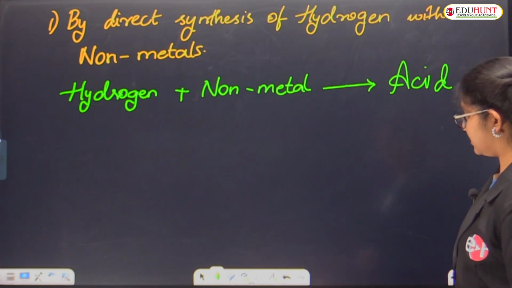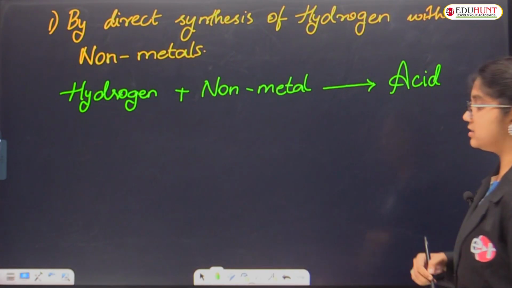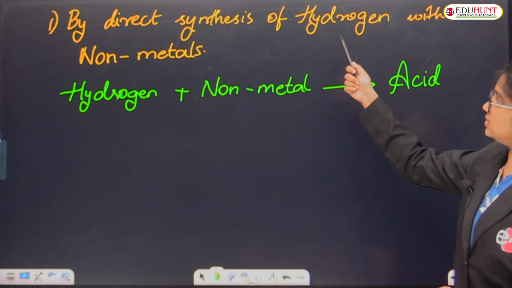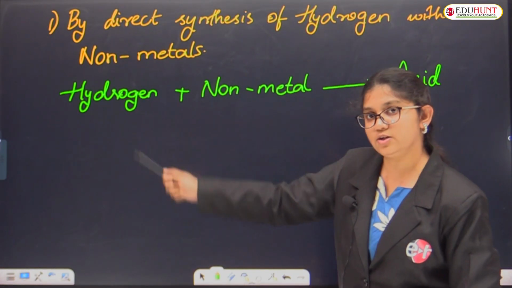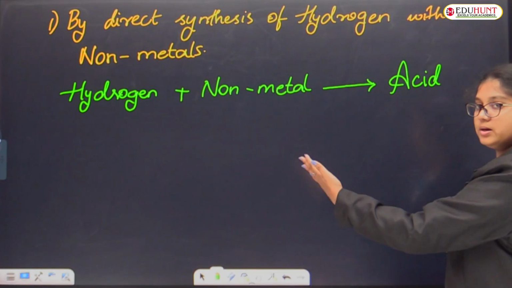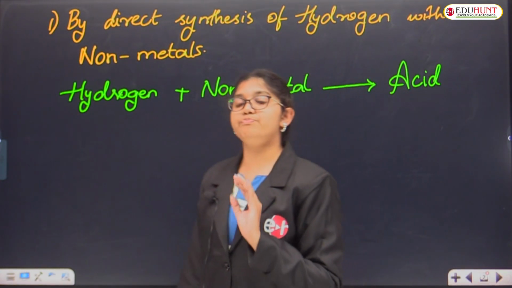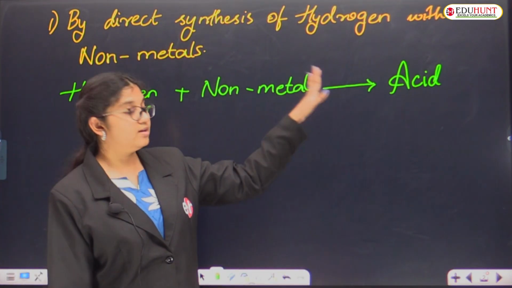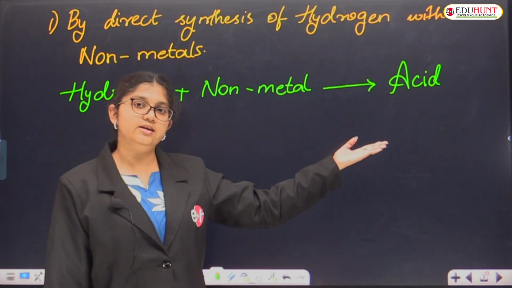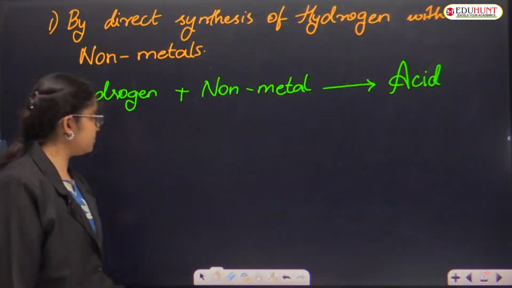This is direct synthesis of acid, by synthesis of hydrogen with non-metals. So hydrogen plus non-metal gives rise to acid. Simple. The first method is by direct synthesis of hydrogen with non-metals to obtain acid. Clear. Now, I'll write some examples for you.